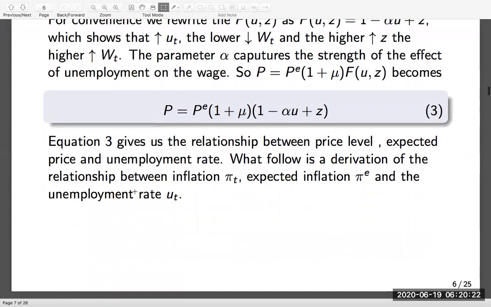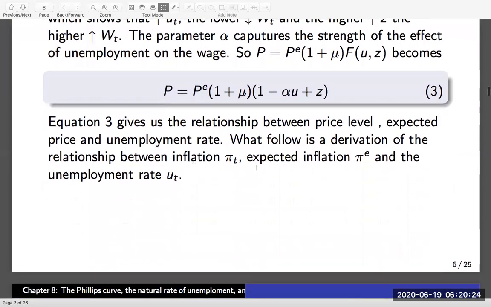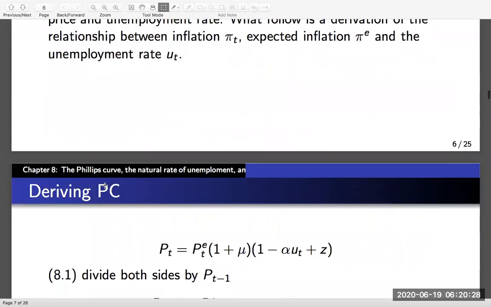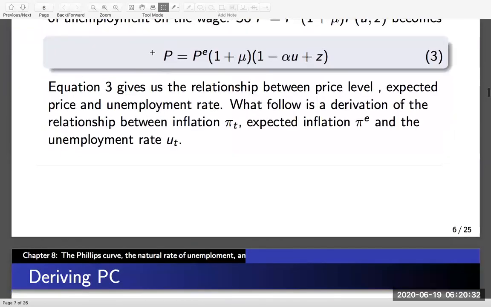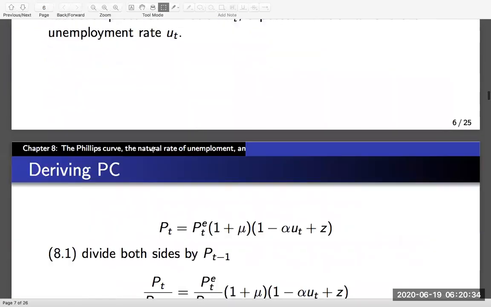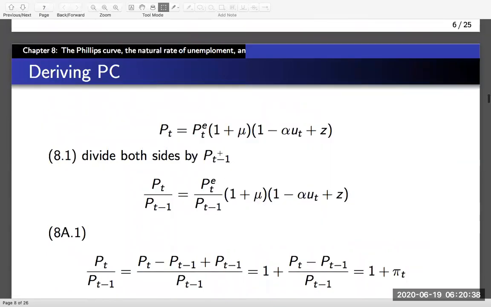What follows is the derivation of the relationship between inflation, expected inflation, and unemployment rate. From our equation above, we take this equation and divide both sides by the lagged price, P_{t-1}. I divide both the left side and the right-hand side by that.